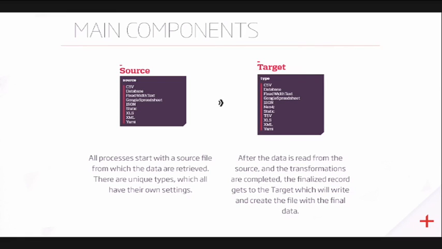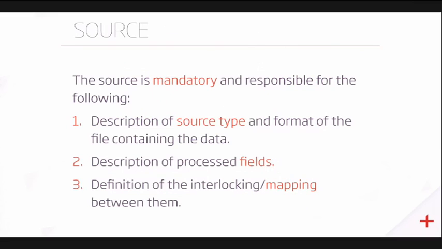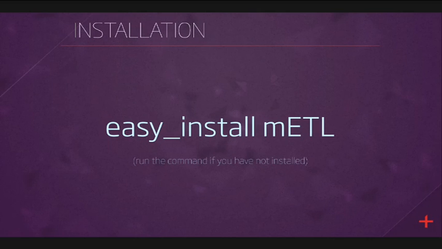Let's see the first one in a little more detail. Sorry, one issue with the pip install. It says it couldn't find a version that satisfies the requirement. It could happen because currently mETL only supports Python 2.7. I don't know what Python version you're using.